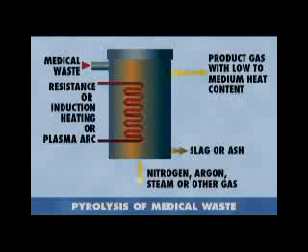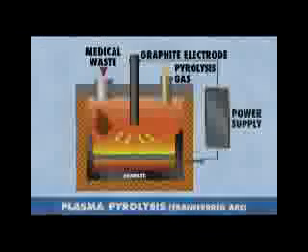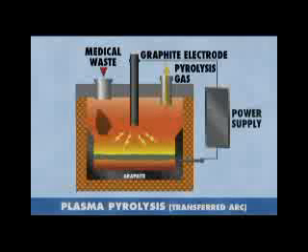One way of categorizing pyrolysis systems for medical waste is by the energy source that is used. Some pyrolysis systems use natural gas, electrical resistance heating, induction heating, superheated steam, or plasma arc as the source of heat. Many proposed designs today involve plasma pyrolysis.